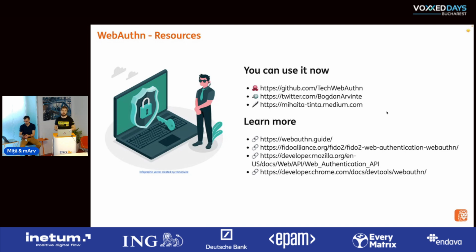Learn more about the initiative at the FIDO Alliance website, because they're one of the main drivers behind Web Authentication. You can check out the API on the Mozilla Developer Network, and if you don't have access to a device with Web Authentication capabilities or an external authenticator, you can definitely use in the latest versions of Chromium browsers the DevTools, which provide the Web Authentication simulator to generate different kinds of devices and capabilities.